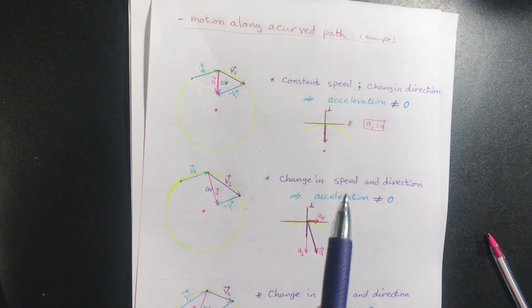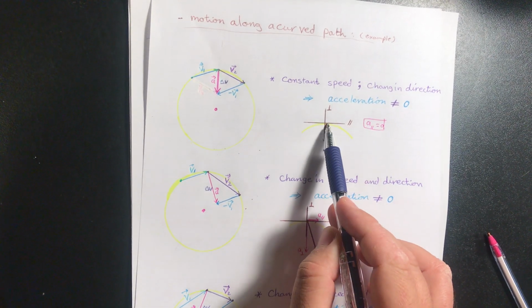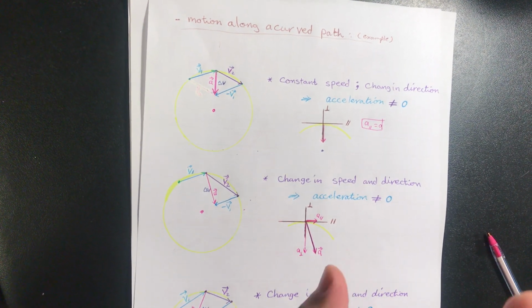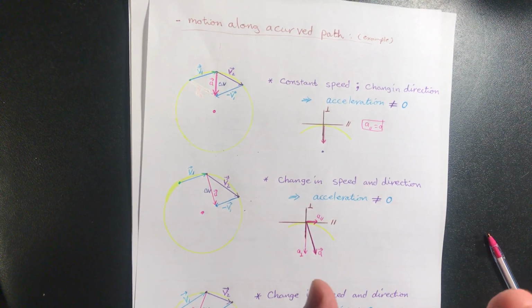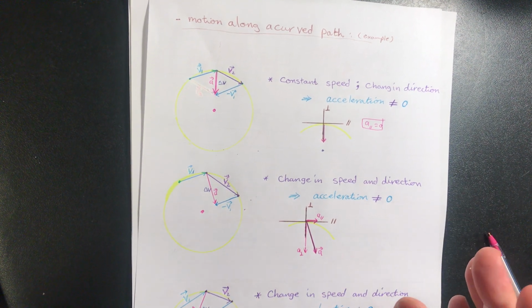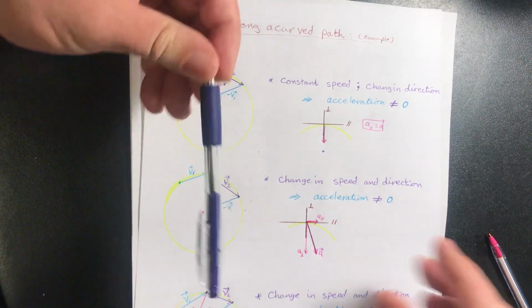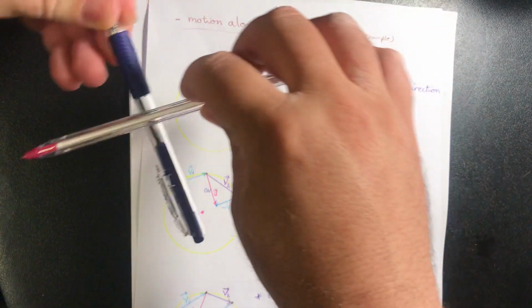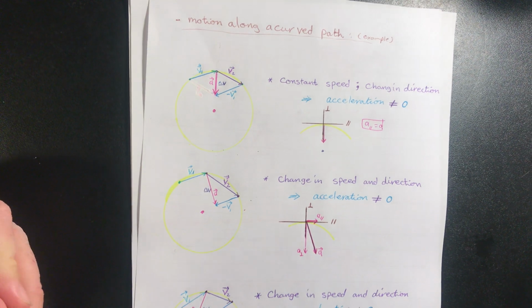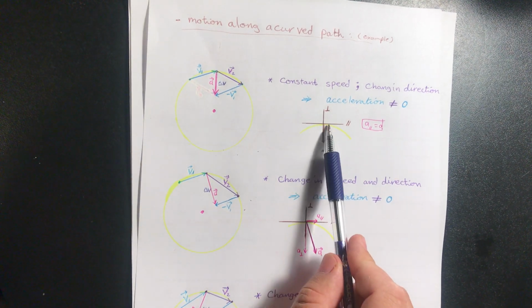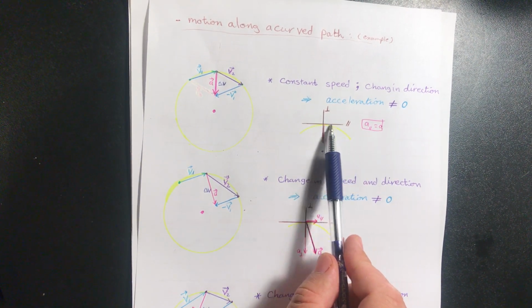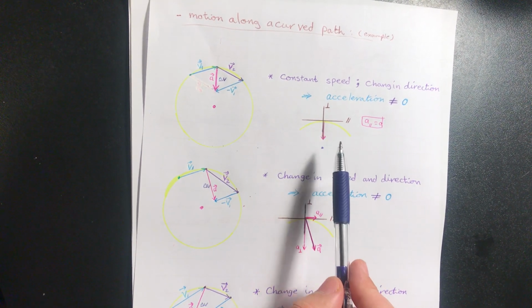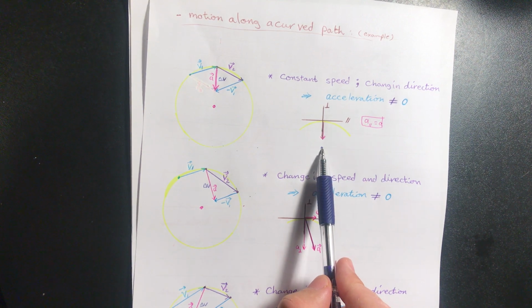Now, in the direction of motion, we need to assume a coordinate system, which is an XY coordinate system. This coordinate system rotates and moves on the surface of the motion. The parallel direction is tangential to that curve. The perpendicular direction is directed to the center of rotation.